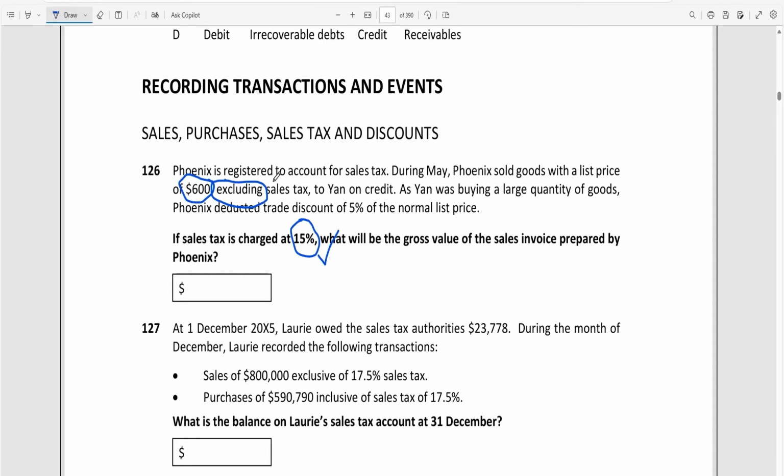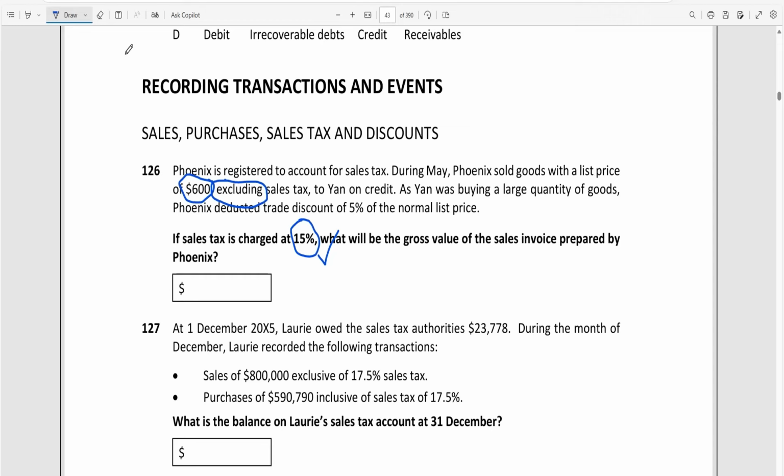The other thing that you need to consider is whether the price given includes sales tax or not. In our case, the sales tax is excluded and the tax rate is 15%. Now, whenever you are charging sales tax or output VAT, what you need to consider is, if the entity or person is entitled to the discount, then we have to charge sales tax on the net amount.